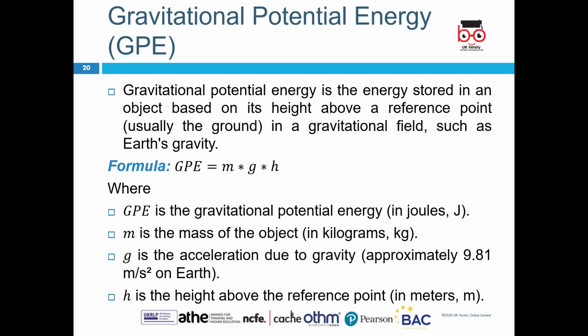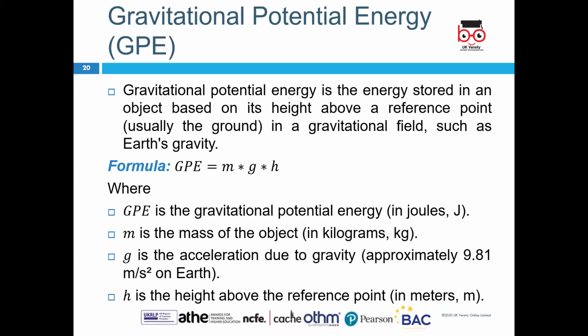So the simple formula is mgh, where GPE is the gravitational potential energy in joules, m is the mass of the object in kilograms, g is the acceleration due to gravity, which is 9.8 meters per second square on Earth, and h is the height above the reference point in meters.